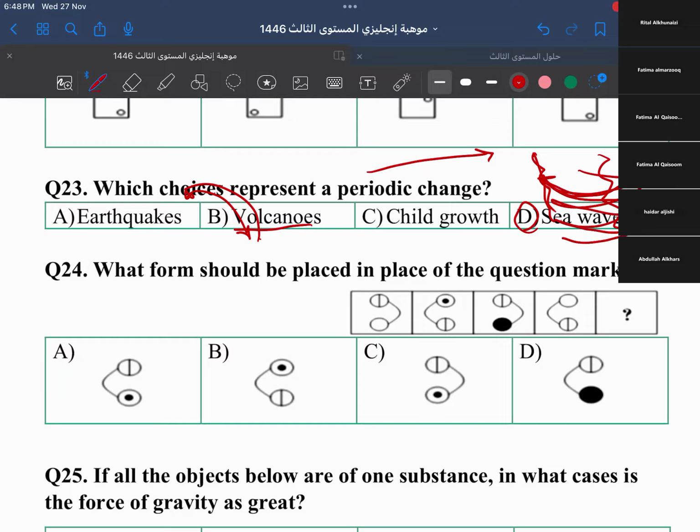It does not grow, it does not change into another thing. So this is called periodic change.